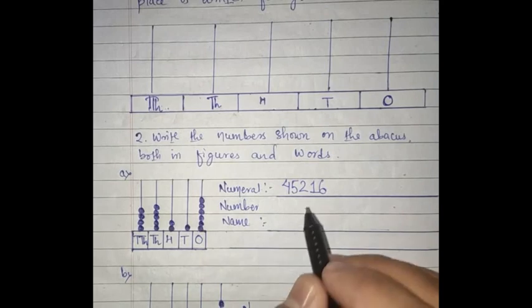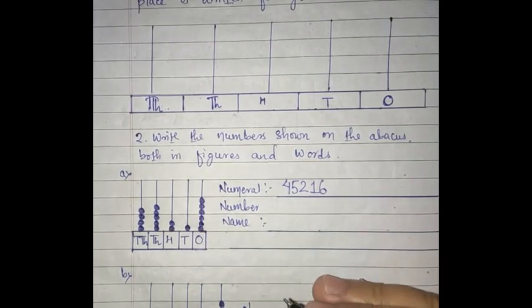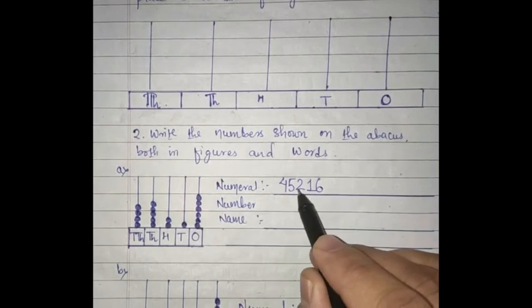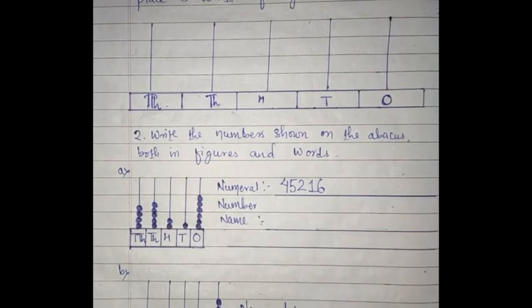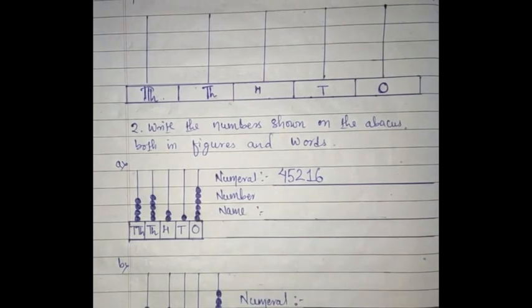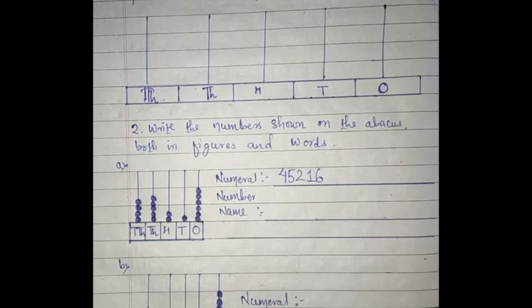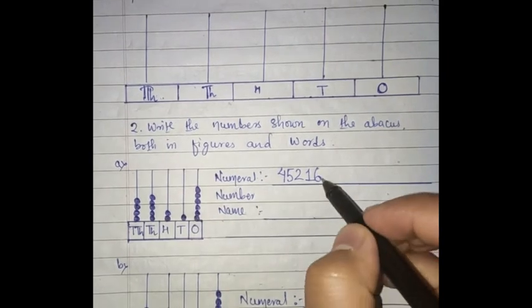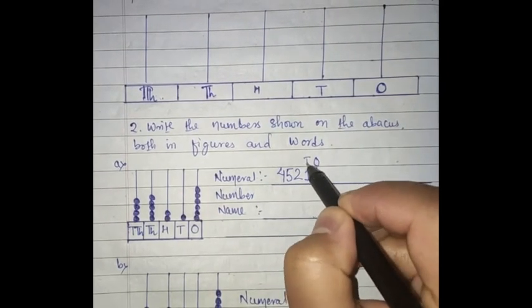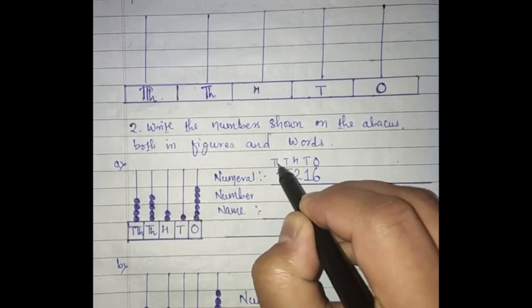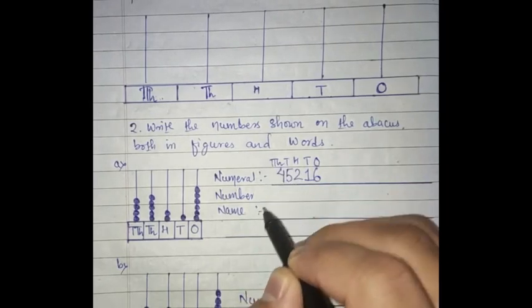You can write this number either way also, like 6, 1, 2, 5, 4. You can write in such a manner also. It's not a big deal. If you have to write this number in words, first of all you know that it is ones, tens, hundreds, thousands, and the new place we have got is 10,000, right?